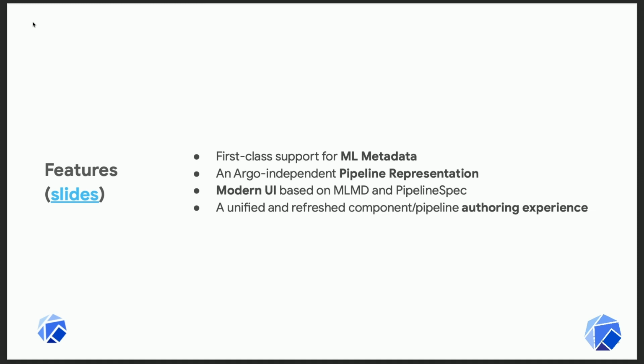And then we also provide the Argo independent pipeline representation. We call it IR, the intermediate representation. So this is an orchestration engine agnostic pipeline template that allows you to define a pipeline, and then it can be translated to different kinds of orchestration engine CR, for example, Tekton or Argo.